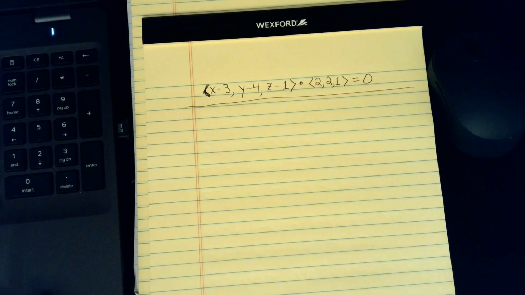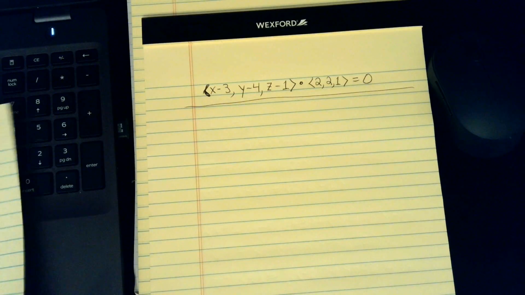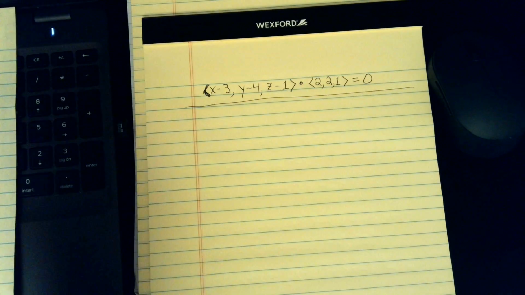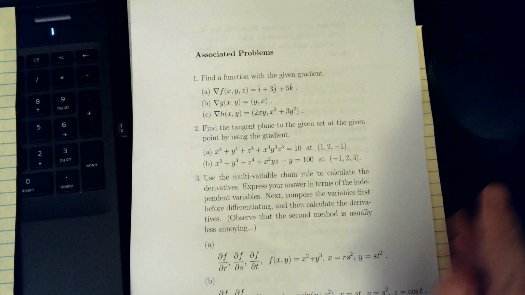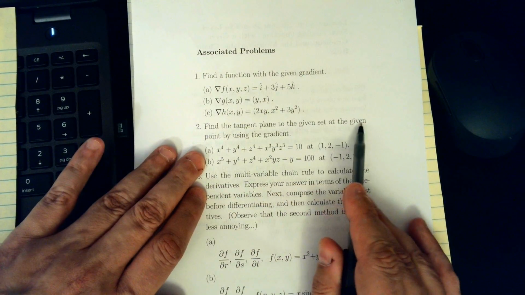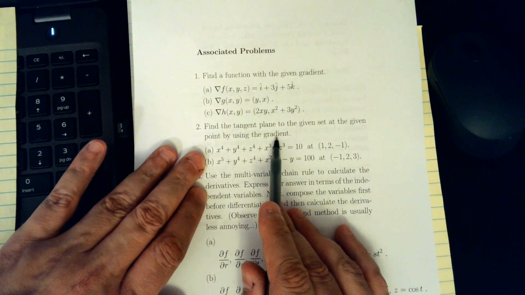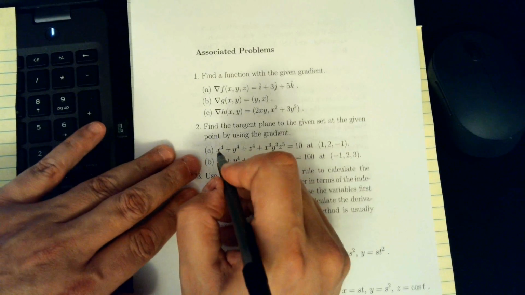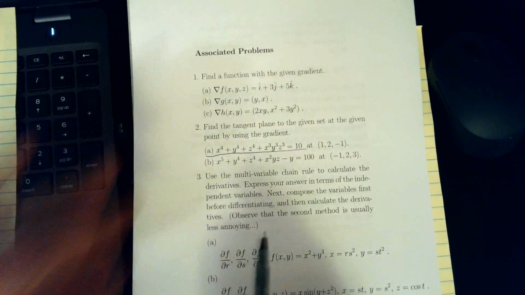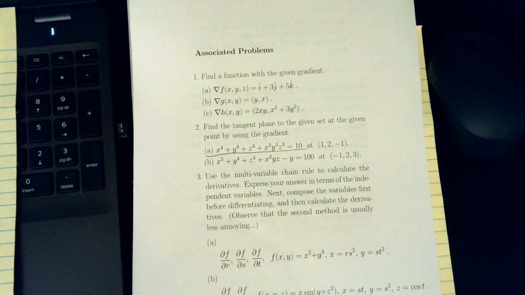However, there are fairly simple examples, and some of them are in the homework, where you will not be able to unwind the thing. It says find the tangent plane to the given set at the given point by using the gradient. Here's a level set where I don't know how to solve for z.